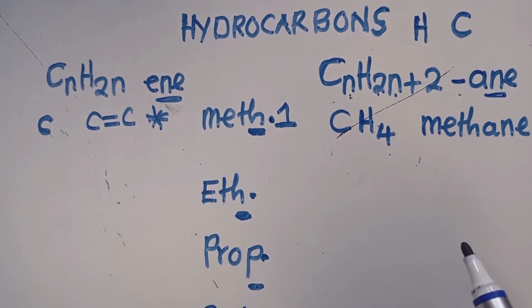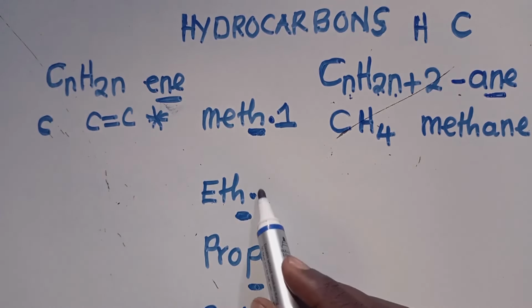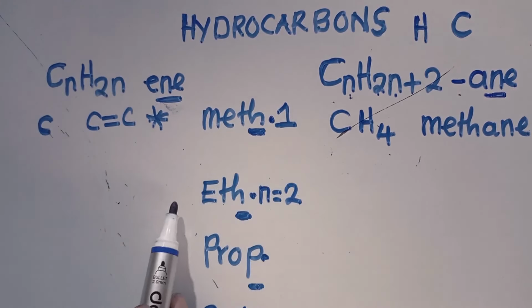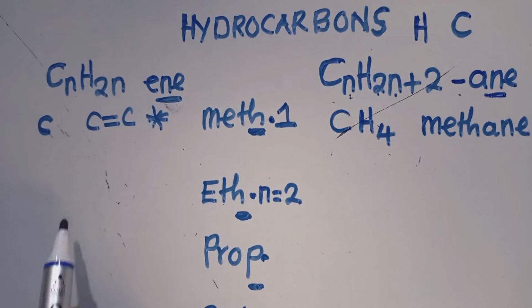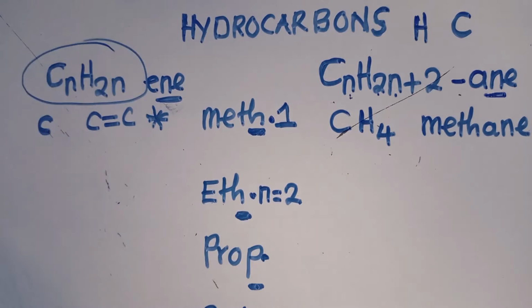So I want to teach you how to come up with correct chemical formulas of hydrocarbons. I go to this one. This one, meaning the number of carbons n is equal to 2, which means it does exist here. This is the general chemical formula.